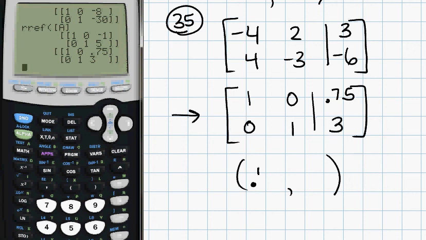So our answer is -0.75, 3. Again, if you didn't get that, make sure you put that first row in correctly. Should be -4 x's, 2 y's, 3 was the answer.